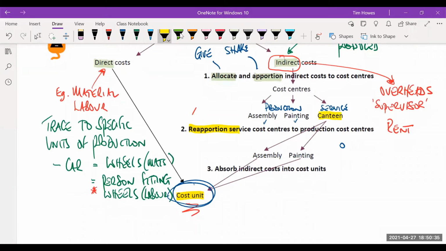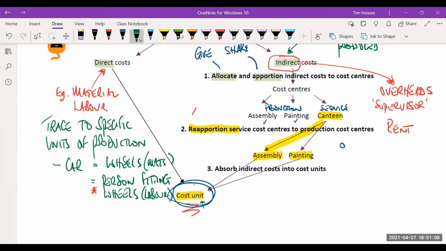So the idea here is that any cost that is sitting in the canteen, which will be various things at the end of the day, rent and rates that are attributable to the canteen, for instance, all of that kind of stuff. Think about it like that: the units that we produce spend some time in the assembly department, they spend some time in painting, and whilst they're in there, we want them to pick up some of this cost.